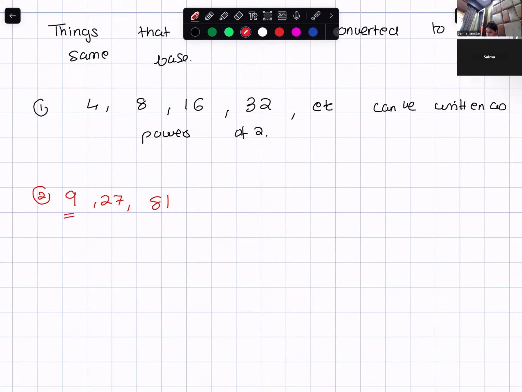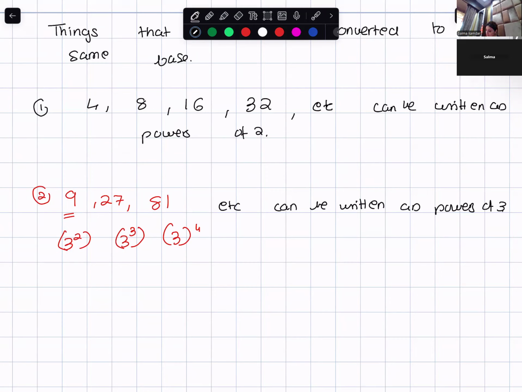That means this is 3 square, 3 cube, 3 to the 4. It can be written as powers of 3. And this is 2 square, 2 cube, 2 to the power 4, 2 to the power 5. So you should know this.